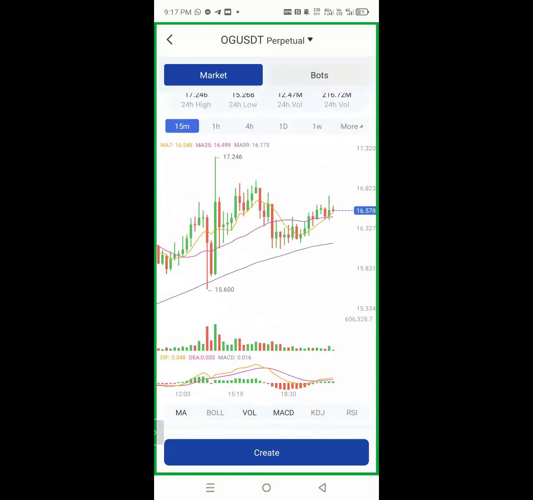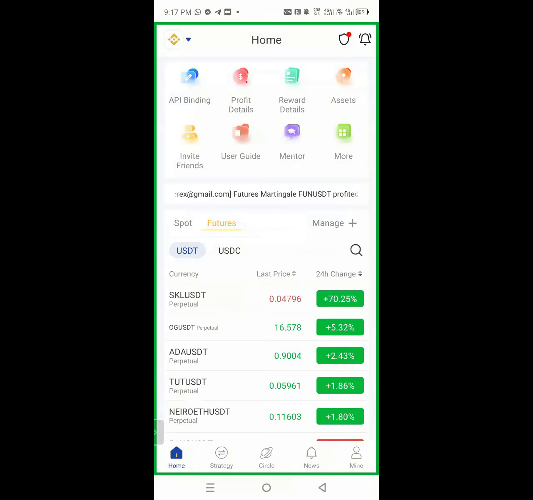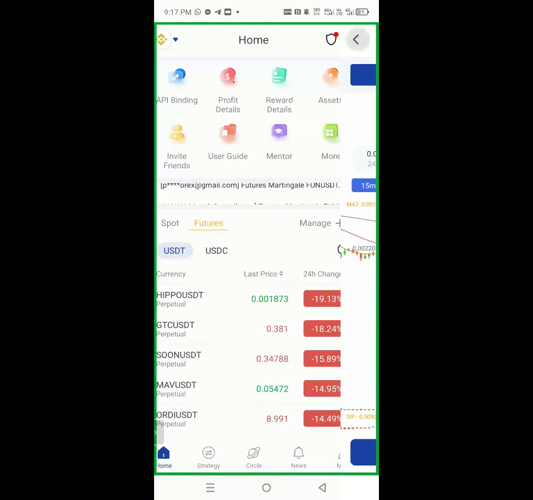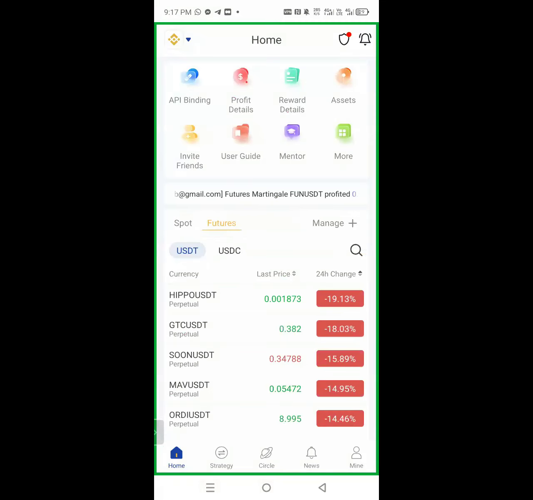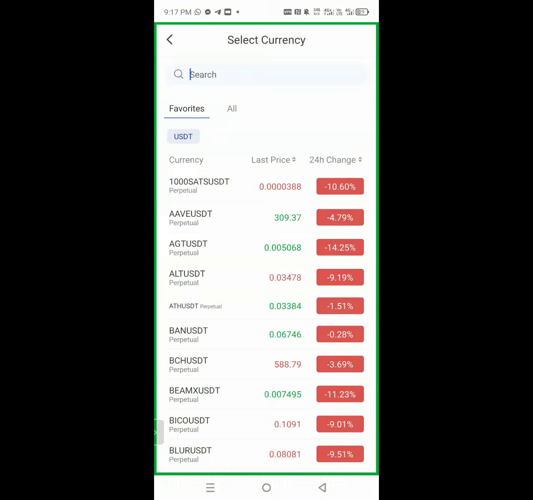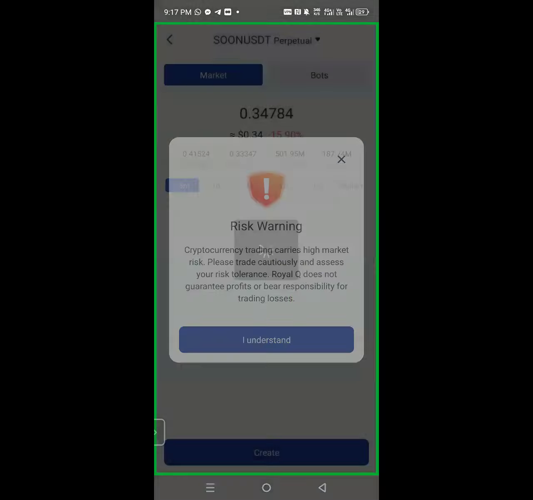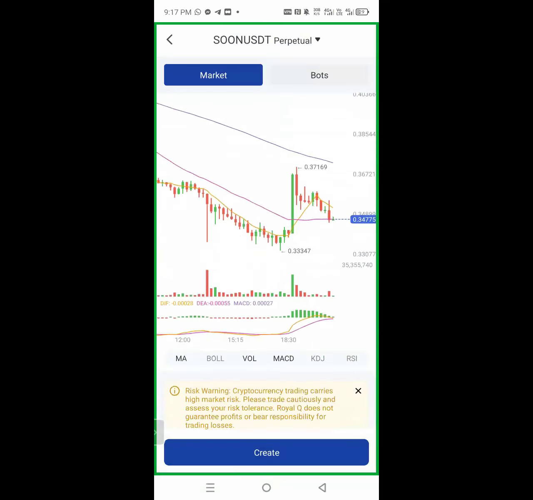Let's see the one that is about to, I want to enter a long trade. Most coins fell today, so I want to enter a long signal. Let me go to my sweet coin. It's a coin that has been giving me profits for two days now.